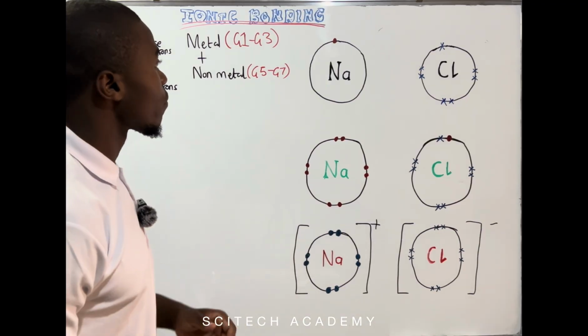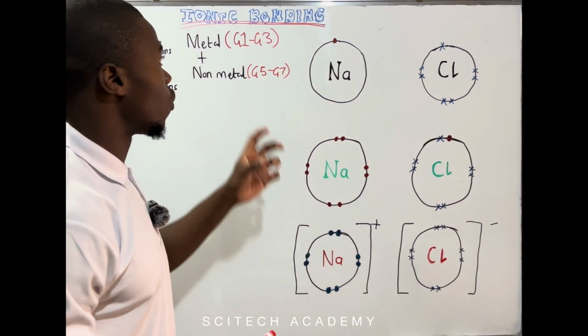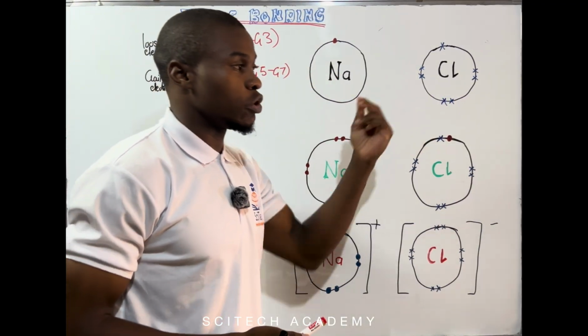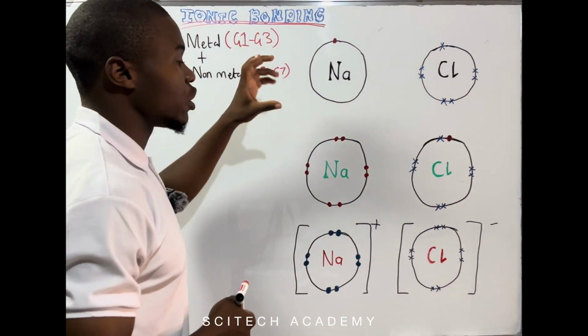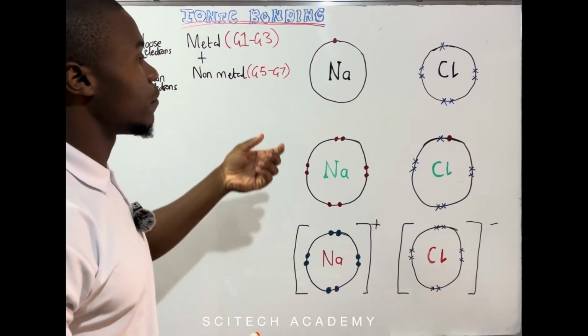With me here, I have sodium, which is in group 1, and chlorine, which is in group 7. These two, when they come together, since it's a combination of a metal and a non-metal, they then form an ionic bond.